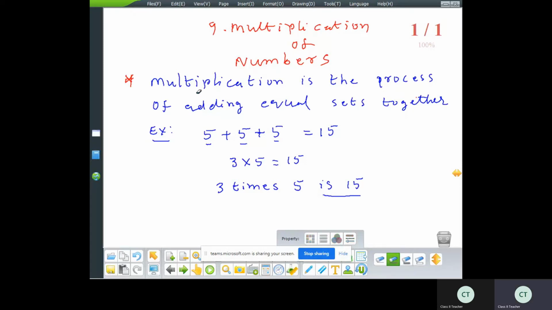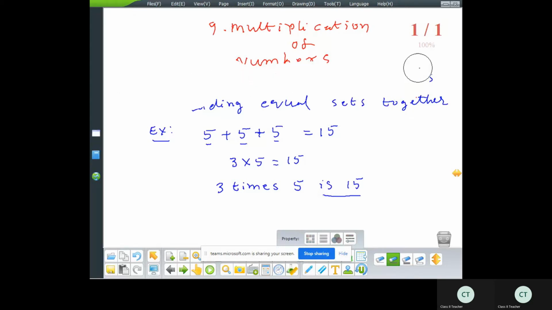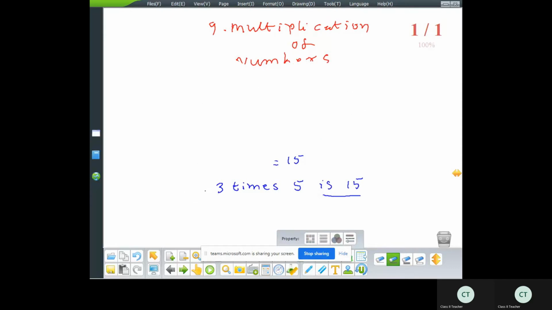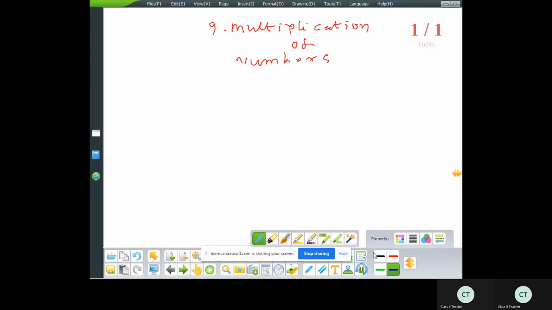Now second definition. Second definition. Cross. It is called cross.